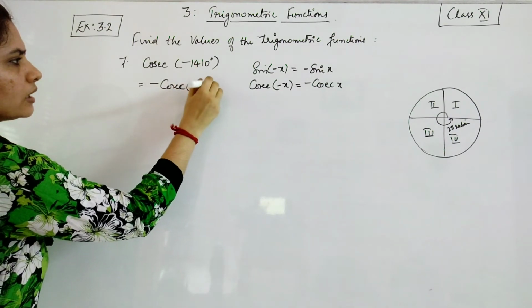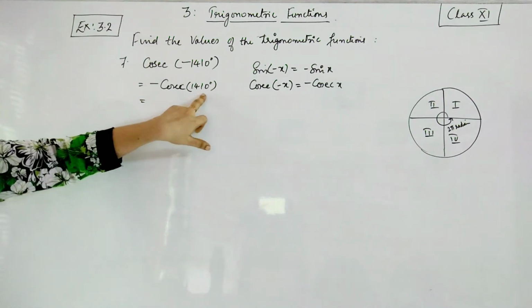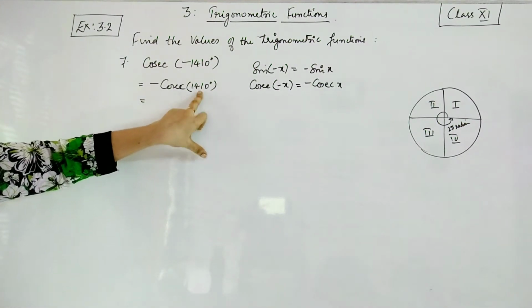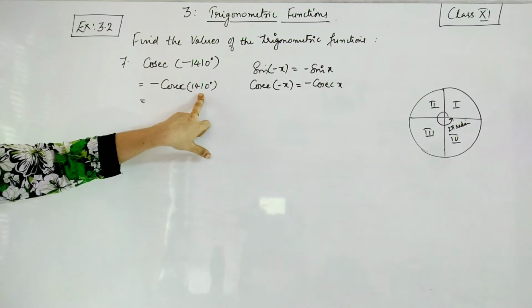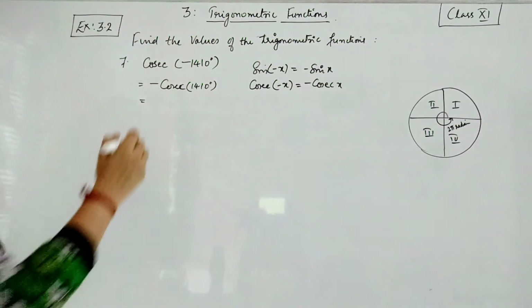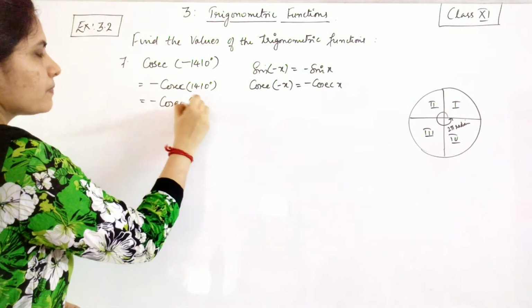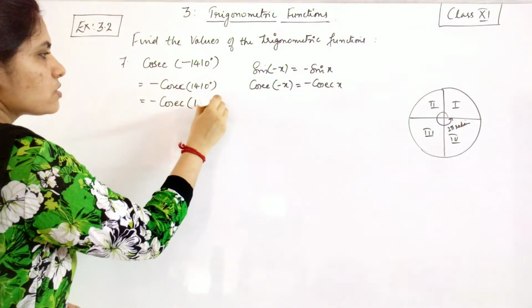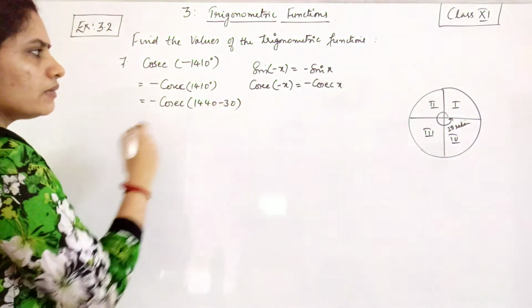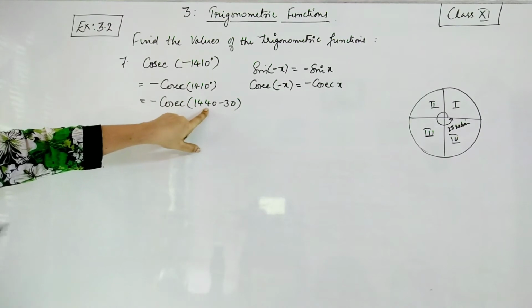1410 degrees. Now you have to go for the multiple of 360 which is near to 1410, and you can see that 4 into 360 will give you 1440, so you can rewrite 1410 as 1440 minus 30, right? Why are we searching for that number?